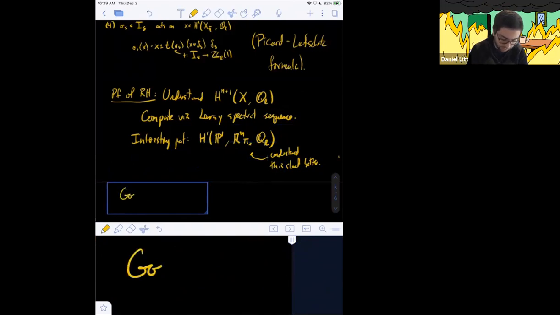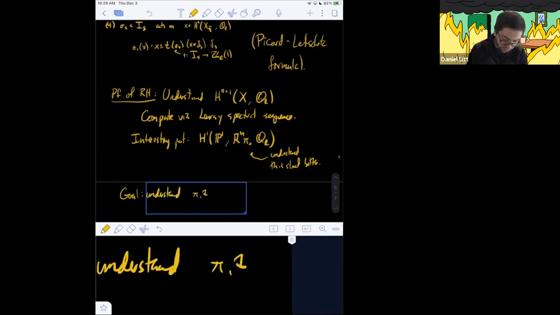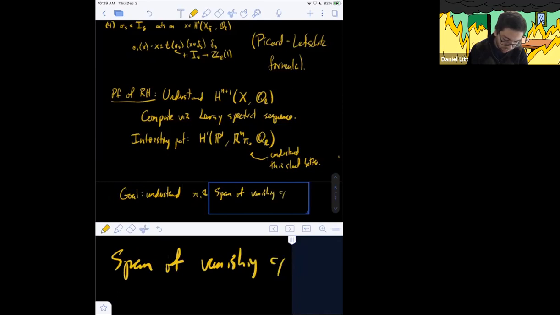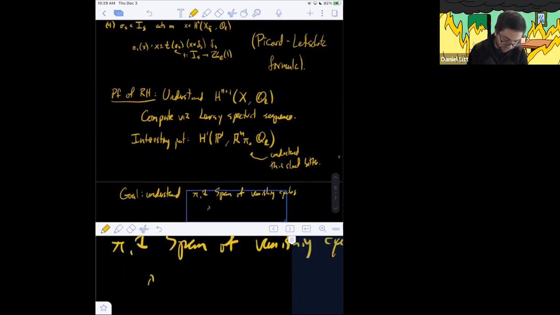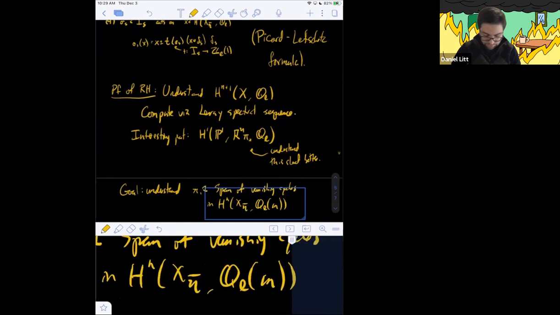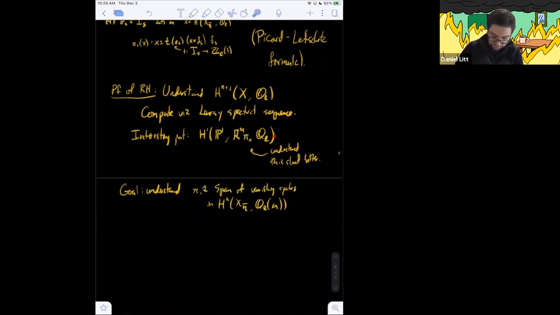So our goal now is to understand the monodromy action, so the pi1 action on the span of vanishing cycles, which live in Hn of x eta bar QL twisted by M. So this is going to be the interesting piece of the pi1 representation associated to this sheaf.